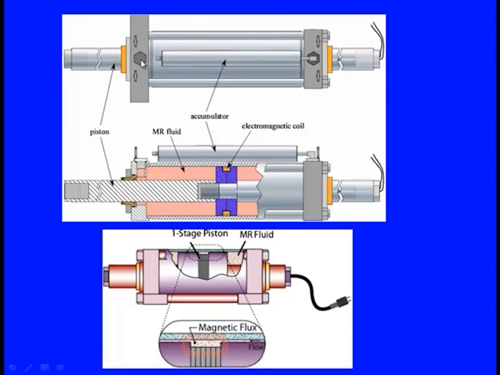So what the piston speed is and the strength of the magnetic flux matter, and the strength can be provided by the electromagnetic coil. There is also an accumulator, and in this piston form the magnetic flux is applied, and the MR fluid in between can provide good damping devices.